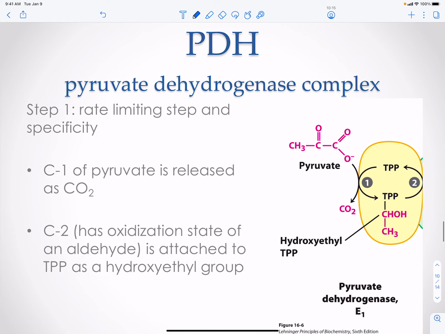So in this step, step 1 is the rate limiting step. And again, carbon dioxide from the carbon 1 is going to be released. And then carbon 2 is going to attach itself to the thiamine pyrophosphate.